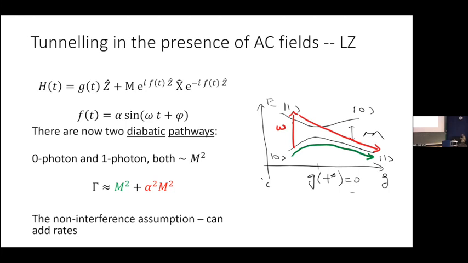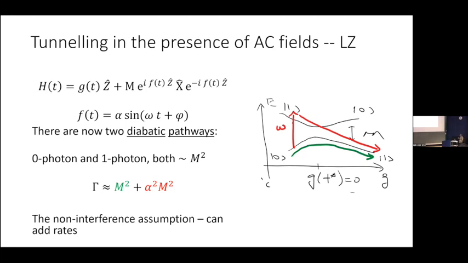I think there's a way to think of it this way, but I just drew pictures. The idea is that if you think of opening up the perturbation theory, what you see is that there is a pathway by which you diabatically make a transition into the state one across this avoided crossing.